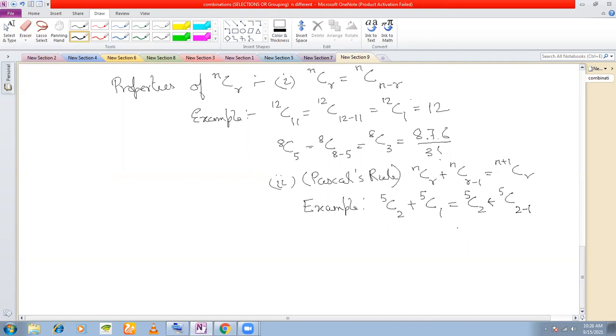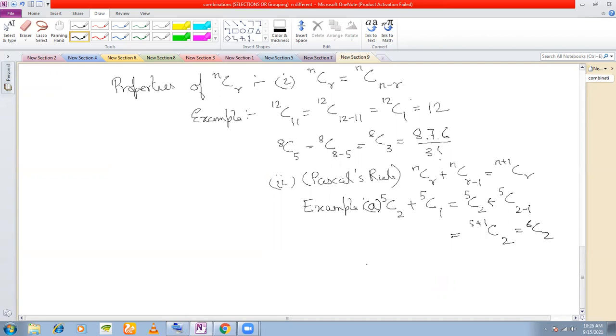Now you see this is of this form. So this can be written as (n plus 1)C R. What is the value of R here? 2, right? So this is equal to 6C2. Clear with this?